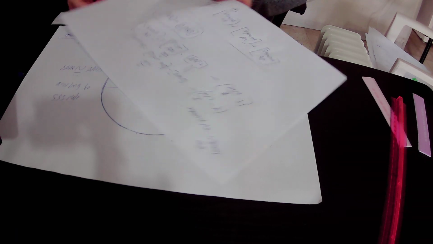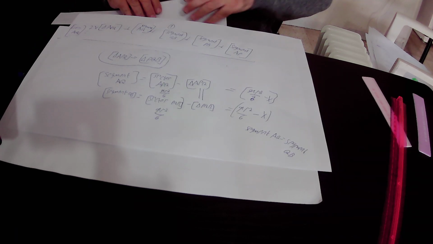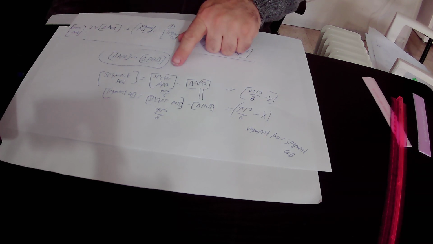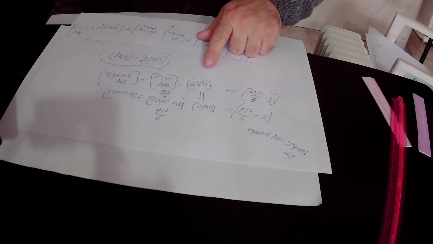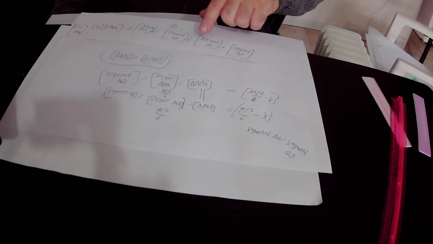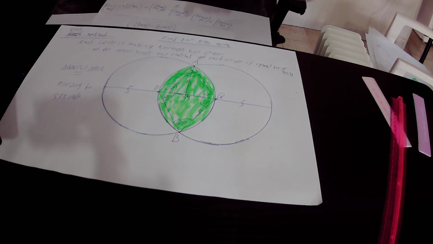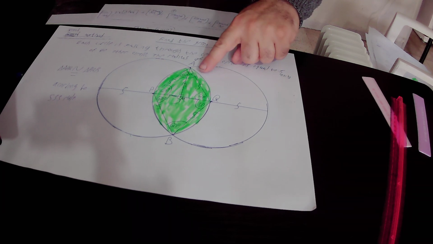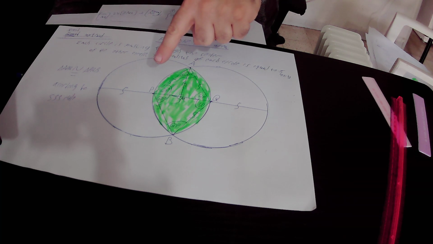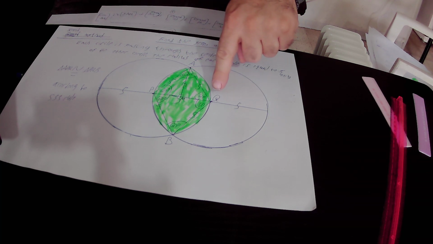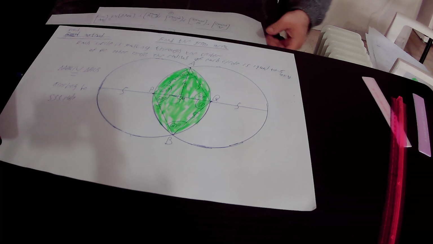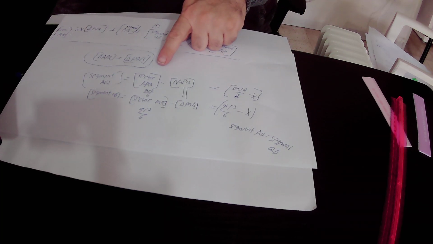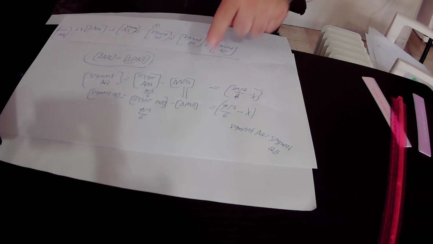So what is the area of segment AQ? The area of segment AQ equals the area of sector APQ minus the area of triangle APQ.